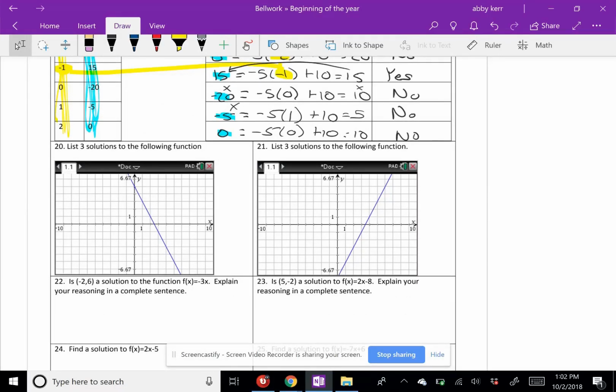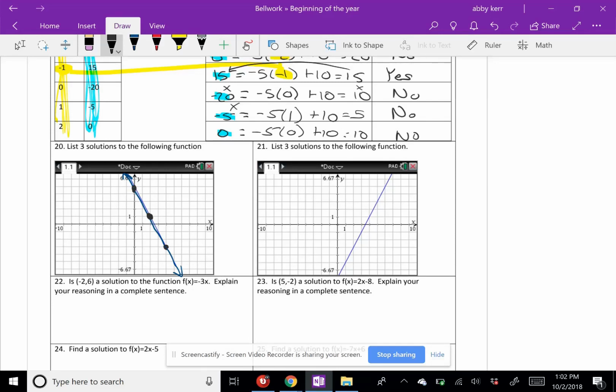For number 20 and 21, it says list 3 solutions. If you looked in your notes, it said a solution is an ordered pair that belongs on a line. So if you give me 3 ordered pairs that belong on this line, that's all I'm asking for. So I'm going to pick this point, and this point.